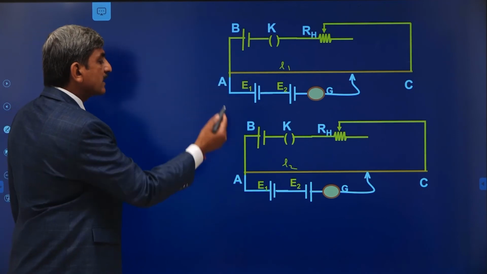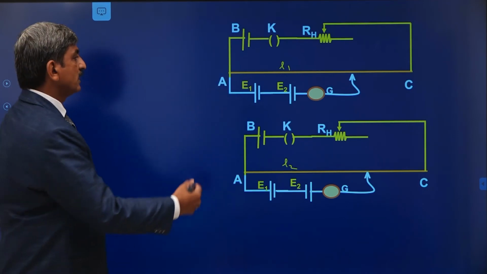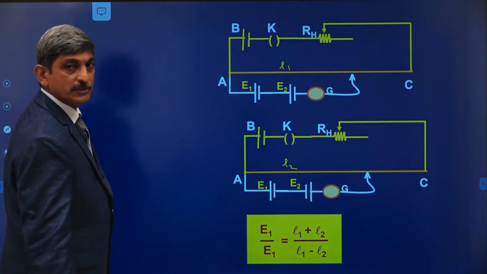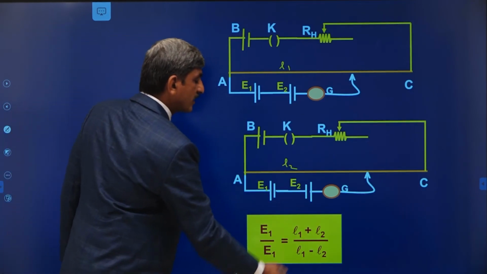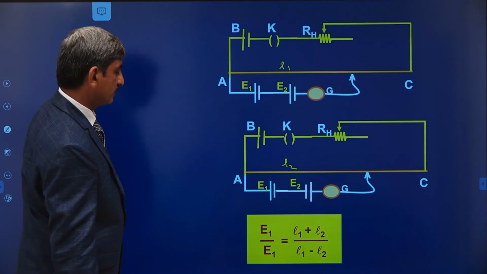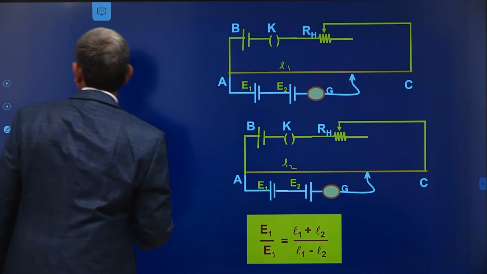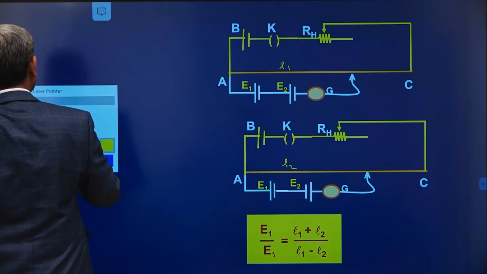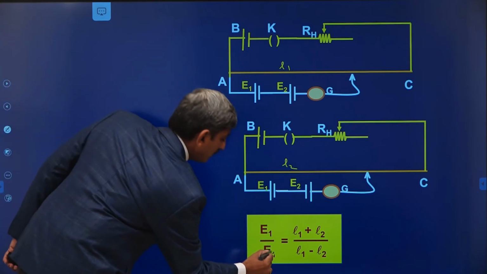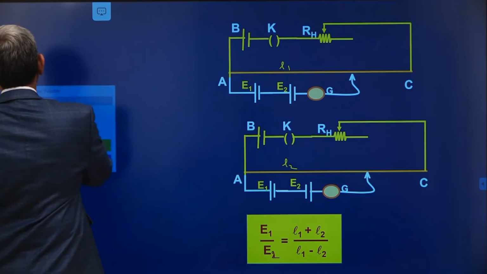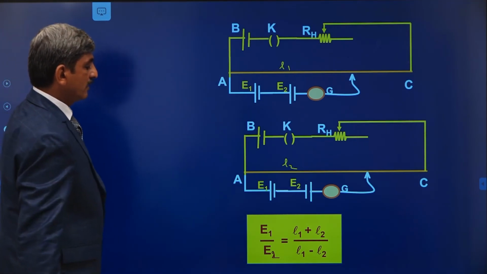Now by calculating L1 and L2, the ratio of the EMFs can be determined by the formula E1 by E2 is equal to L1 plus L2 divided by L1 minus L2.